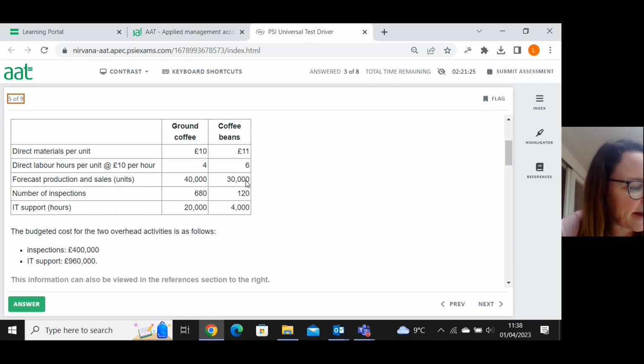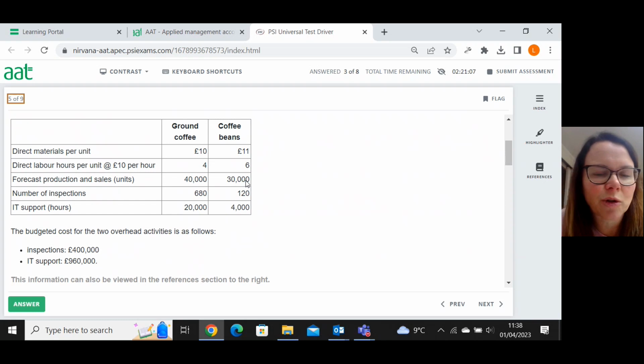So altogether, that gives me 340,000 hours. Right, so to work out my overhead absorption rate, I'm going to do the £1,360,000 of overheads divided by my total 340,000 hours, which works out at £4 per hour.